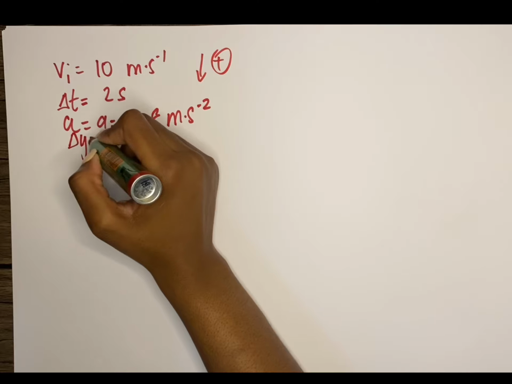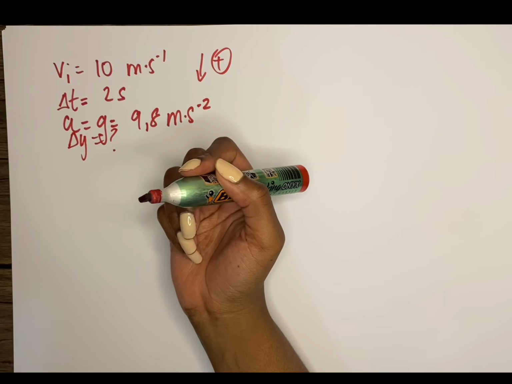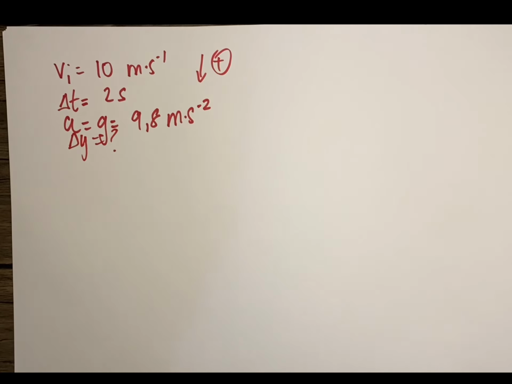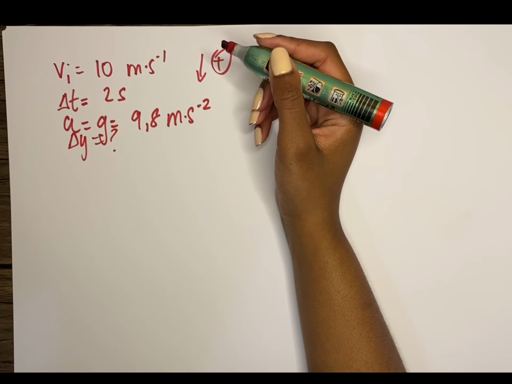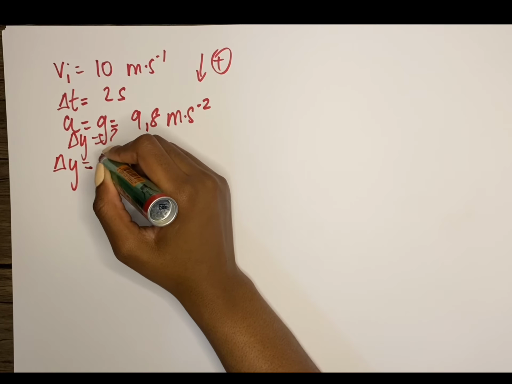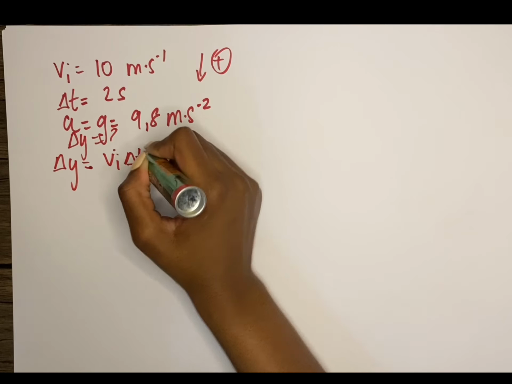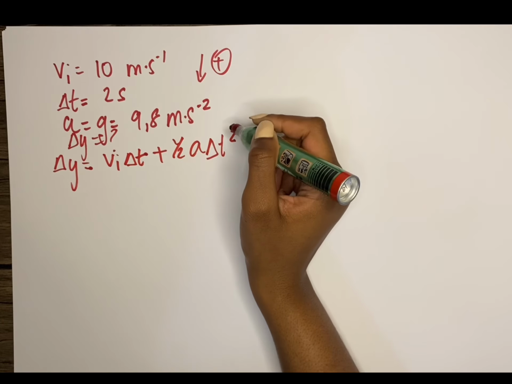I'm looking for delta y, so I use my equations of motion, right? I can also use the one with the final velocity, because I was also given my v final, which was 29.6. So I'm just going to use this formula: delta y is v initial delta t plus half a delta t squared, right?